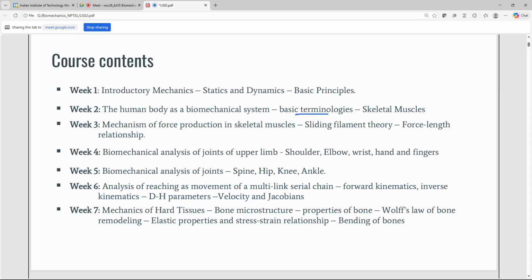And then there is the end of these week 2 videos. There are 2 videos on the skeletal muscles. These skeletal muscles are the motors or the powerhouses which help to move our limbs or body parts.